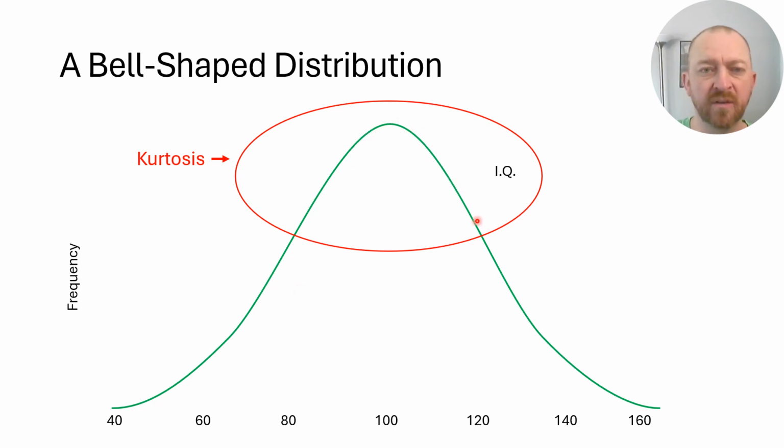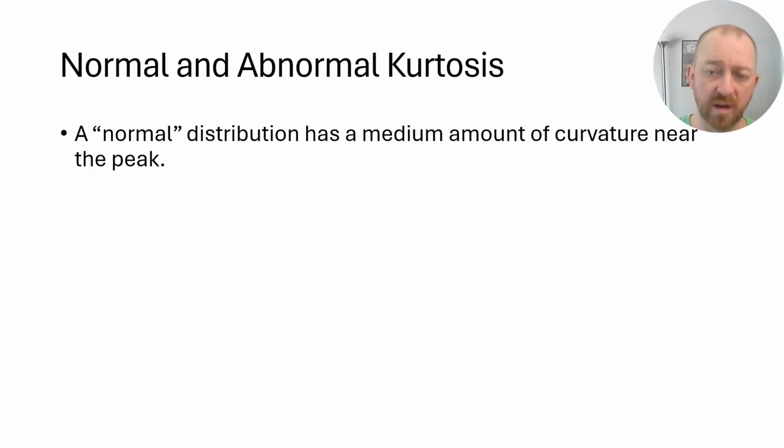As you can see right here, there's a nice average or medium curve to the distribution. So the kurtosis is the curvature that we see there. This is what we're usually looking for, a moderate amount of kurtosis. Our normal distribution has what Goldilocks might say is the just right amount of curvature in the distribution.